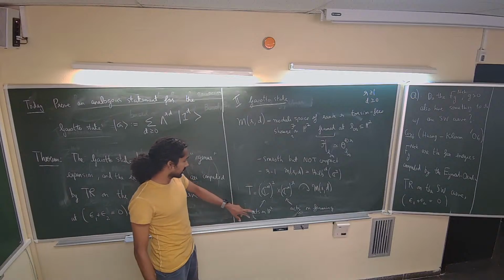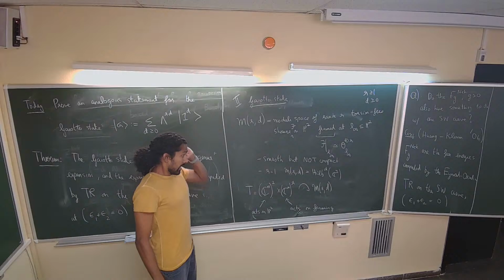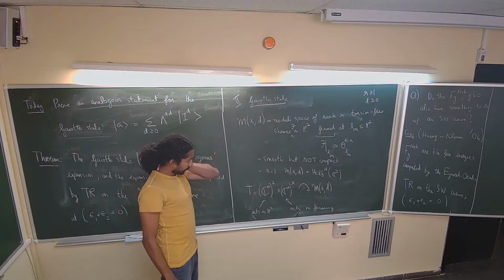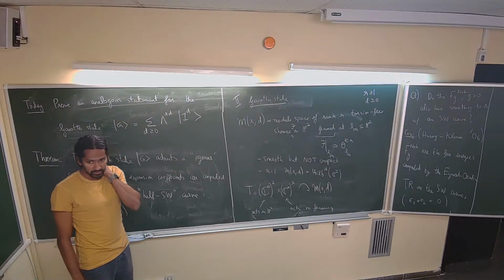The fact is that the torus fixed locus is compact, so it's just a collection of points. And we can even say more. If you think about the Hilbert scheme example, they're indexed by partitions.